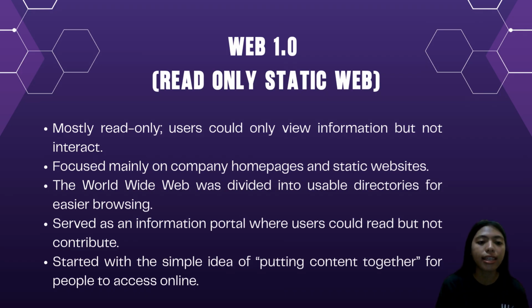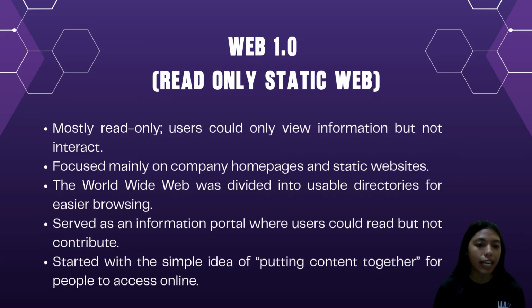Next bullet: it started with a simple idea of putting content online for people to access. So the main goal of Web 1.0 was to collect and publish information online so that anyone could access it from anywhere in the world. It wasn't designed for interactions or entertainment, just for sharing content publicly.